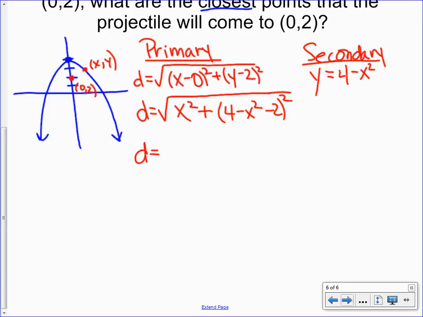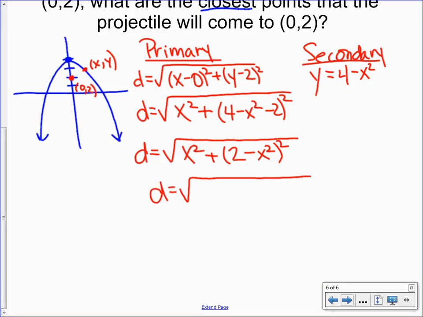So our distance is x squared plus 2 minus x squared, squared. Which is 4 minus 4x plus x squared.